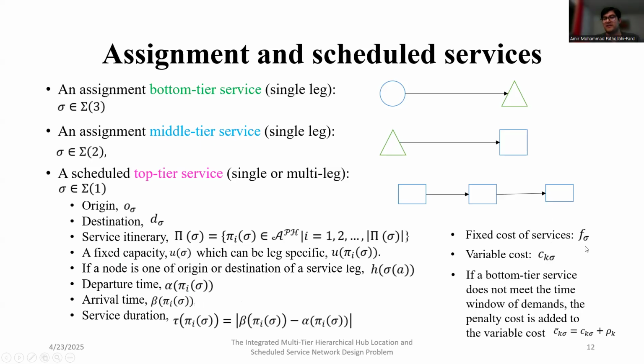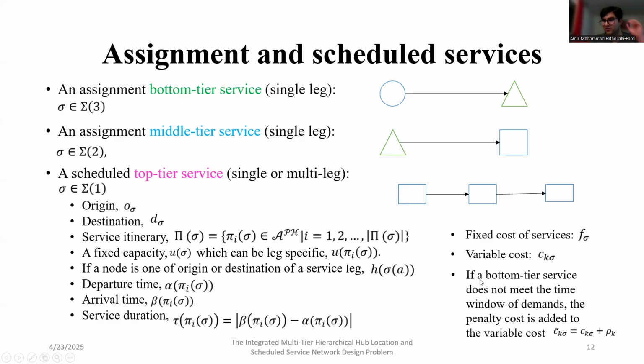From the economic view, we consider that there is a fixed cost for the selection of the services, and there is a variable cost, or unit cost, to show how much we must pay for the movement of a demand by this service for each unit of time.